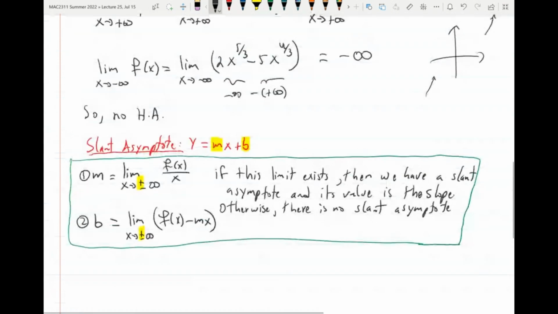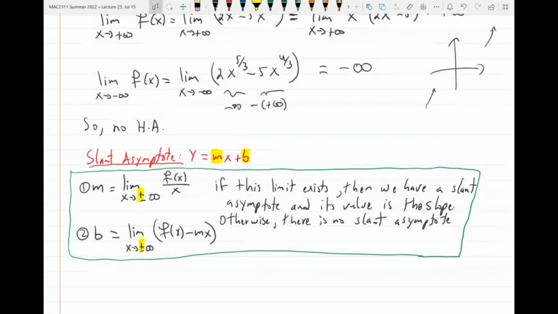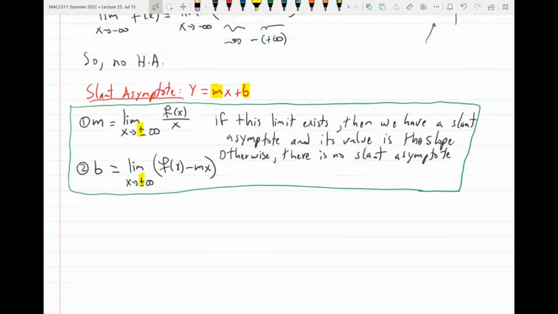Anyway, we want to figure out whether our function has a slant asymptote. We know the end behavior is infinity, but is it a linear infinity or not? That would mean whether it has a slant asymptote or not. So if it's going to have a slant asymptote, we need to compute the limit as x approaches positive infinity first, of the function divided by x. Our function is 2x^(5/3) minus 5x^(4/3), divided by x.